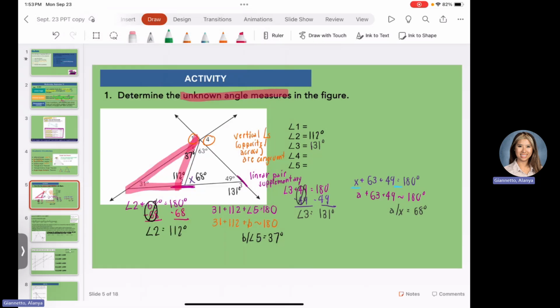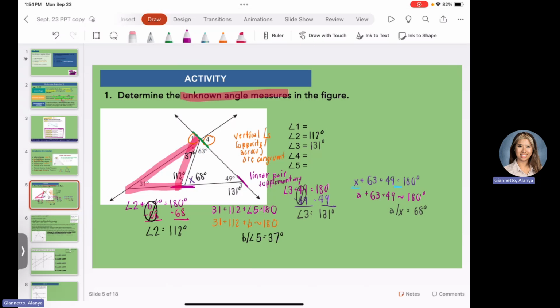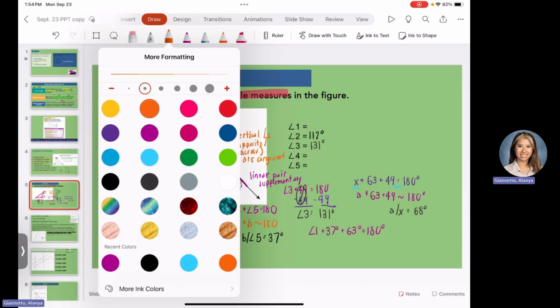Okay, so I'm going to look at the relationship here. I see that 1, 5, and the 63 degrees all make up a linear pair or supplementary angle. So I'm going to use that to write my equation. Angle 1, which I'm going to try to figure out, which I know is the same thing as angle 4, plus the 37 degrees plus the 63 degrees is equal to 180 degrees. Using Desmos, all I have to do is change the angle 1.